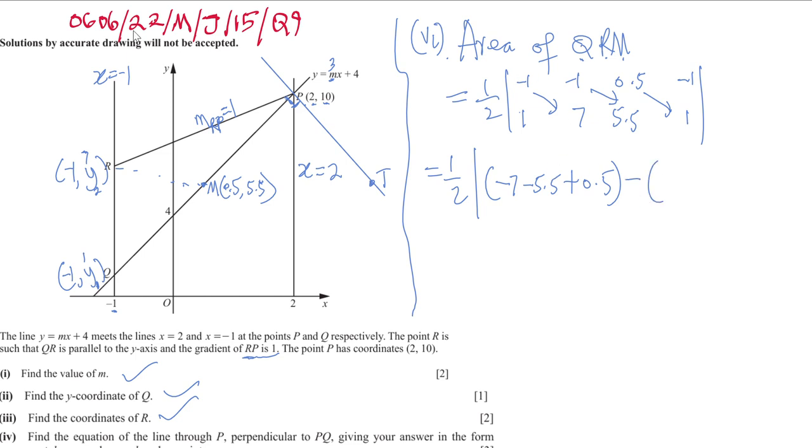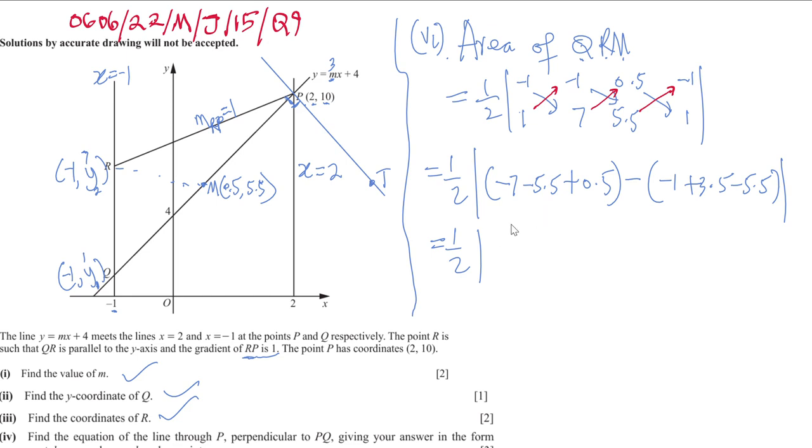Minus, now you take the sum of the upward products and separate from the first bracket. So 1 by minus 1 gives you minus 1. 7 multiply 0.5 gives you 3.5. This one gives you minus 5.5.